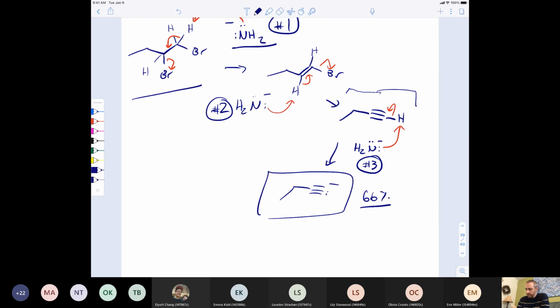If you want 100%, you need 3 equivalents, and then you add a source of protons. Water is enough, actually. And you put the hydrogen back on. We sometimes just call this acidic workup, something that can put an H+ back on your molecule, like water.